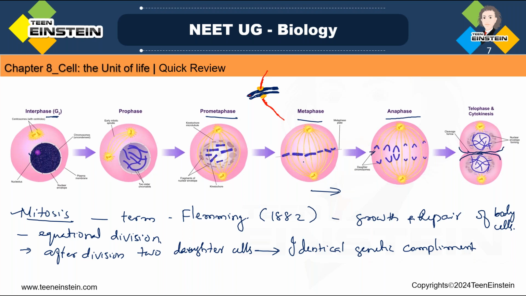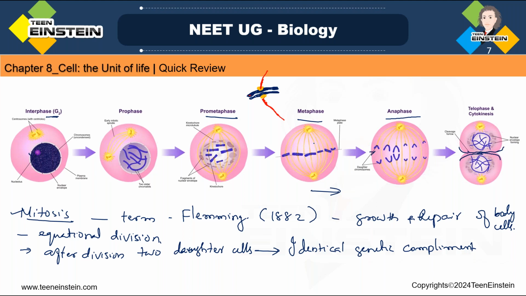So spindle formation starts in prophase. The spindle slowly tries to move towards the thickened or condensed chromosomes. Then these chromosomes are completely arranged in the metaphase plate, then the spindle attachment takes place, and then the sister chromatids are pulled towards the opposite poles.